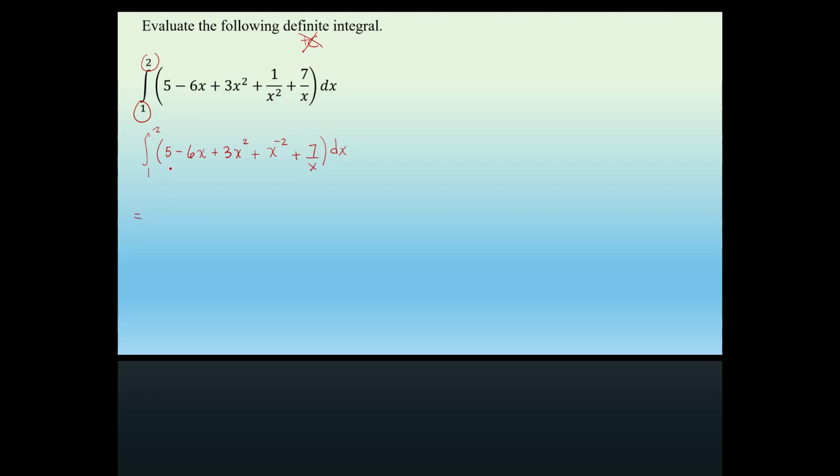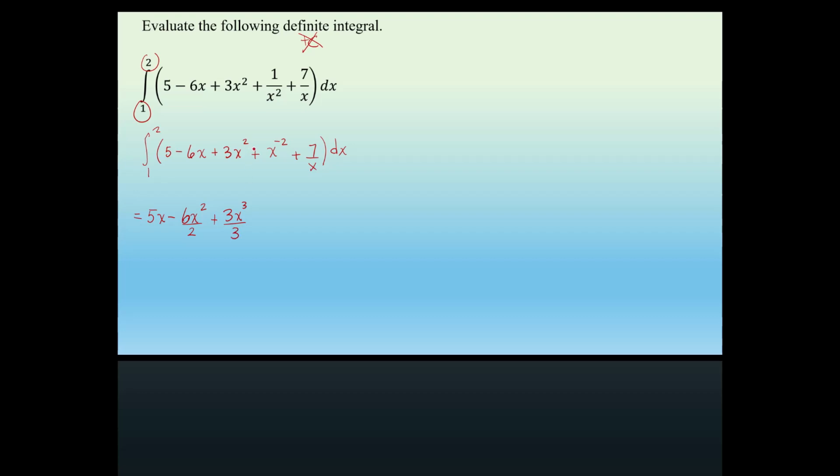Remember, we're just going to do our antiderivative rules. So the antiderivative of 5 is just 5x. The antiderivative of -6x, well, it's -6 x to the second all over 2. Add 1 to the power, divide by the new power, plus 3x to the third, divide by 3.